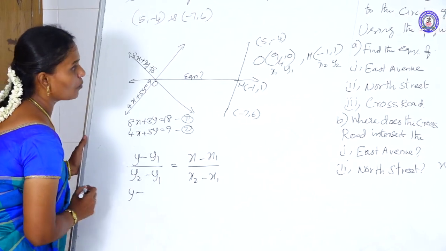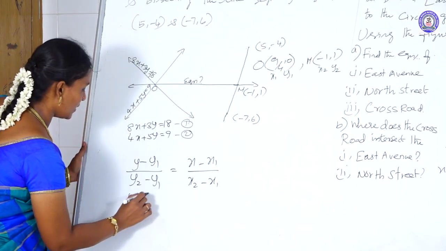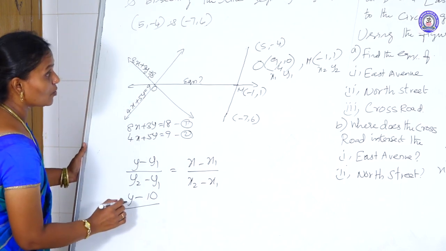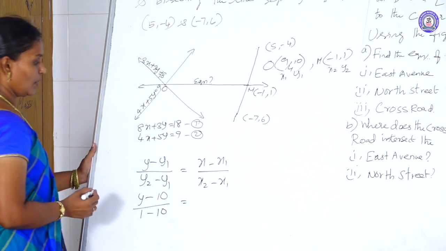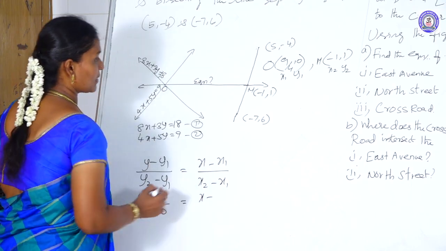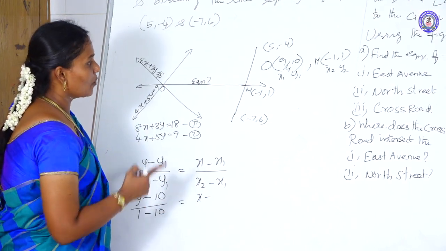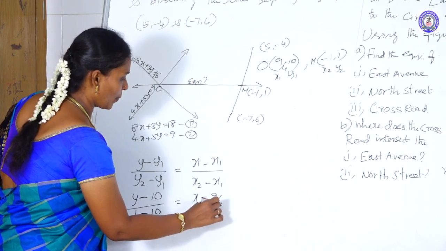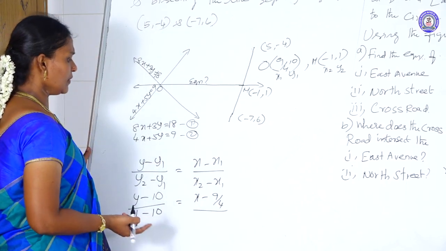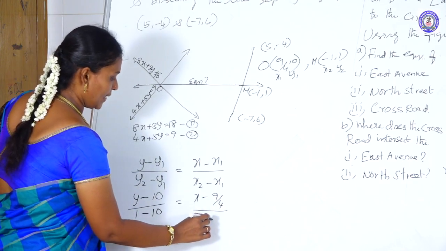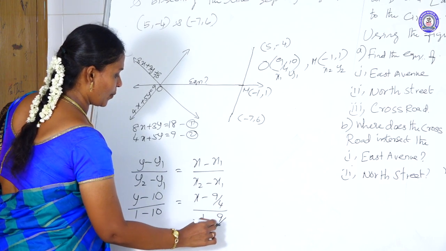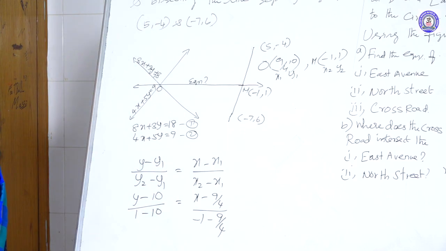y minus y1. What is y1? y1 is 0, y2 is 1, so 1 minus 0. This is equal to x minus x1, what is x1? x1 is 9 by 4, by x2 which is minus 1 minus 9 by 4. Am I correct? Okay.